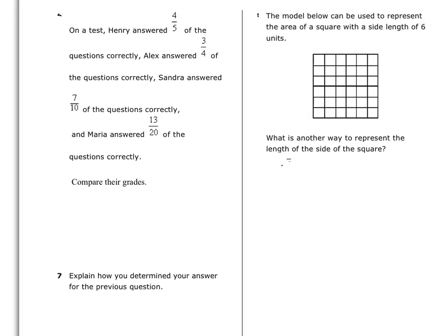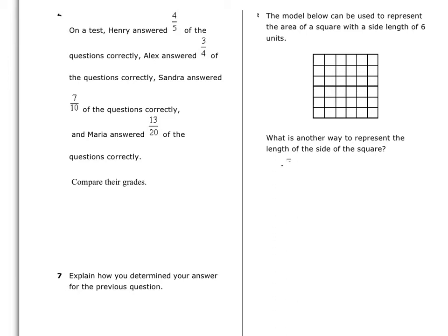On a test, Henry answered 4 out of 5, Alex answered 3 out of 4, Sandra 7 out of 10, and Mariah 13 out of 20. Compare their grades. How do I compare their grades? What do we do? Change them all to percents.